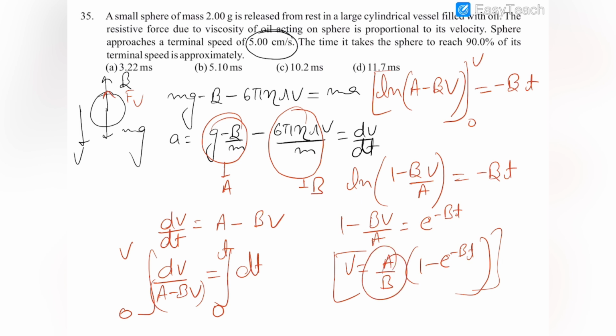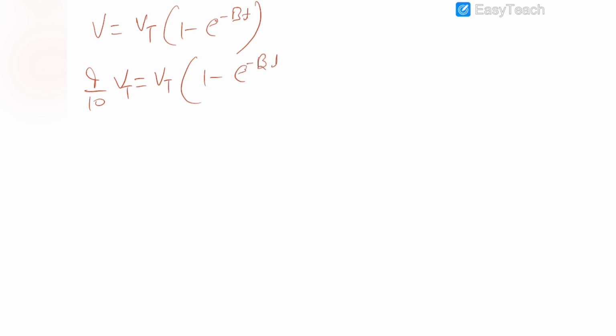This is the terminal velocity and it is given as 5. So we have to find out the time in which it will reach 90% of its terminal velocity. So this is 9 by 10, which is 0.9 of vt, and this is vt into 1 minus e to the power minus Bt.